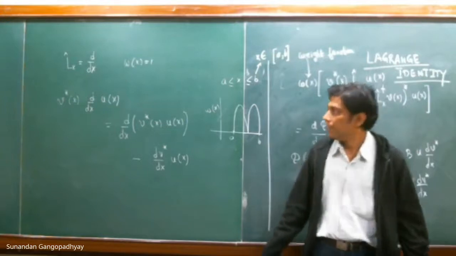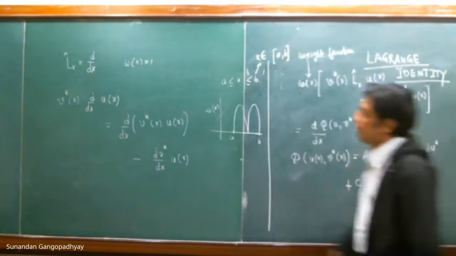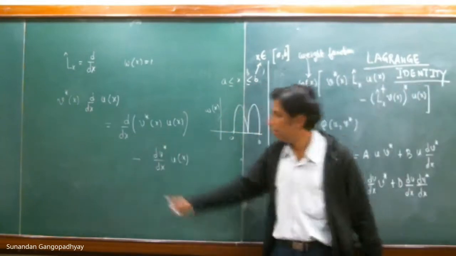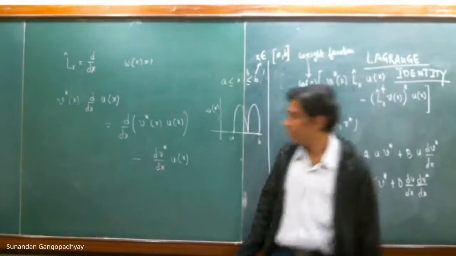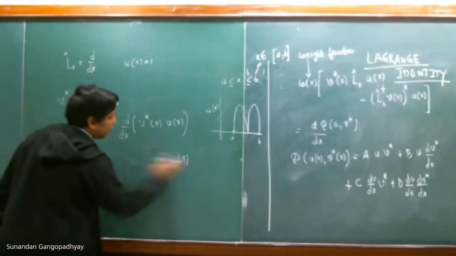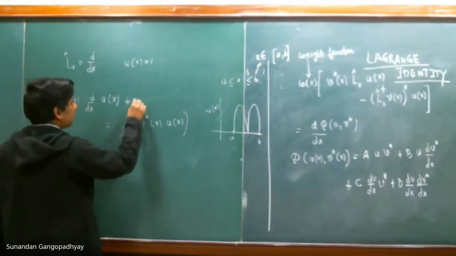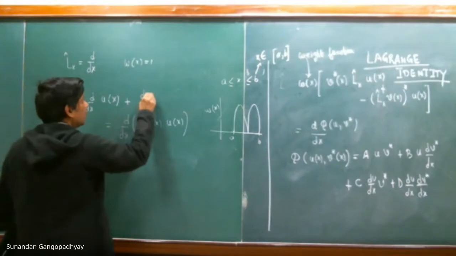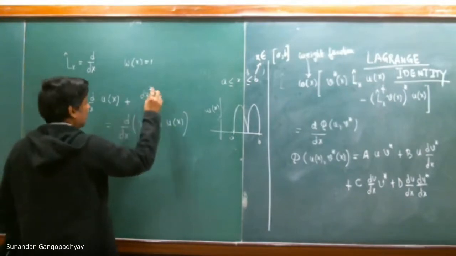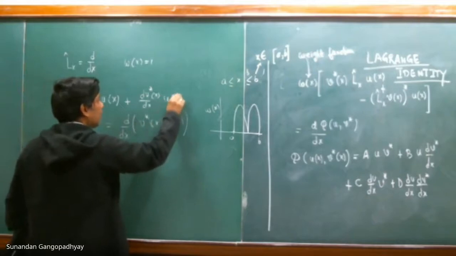So v star d/dx u(x) is nothing but this minus this. Therefore, I can take this term on this side, so I can write this as plus dv star(x)/dx u(x).